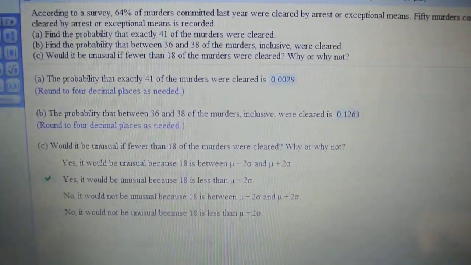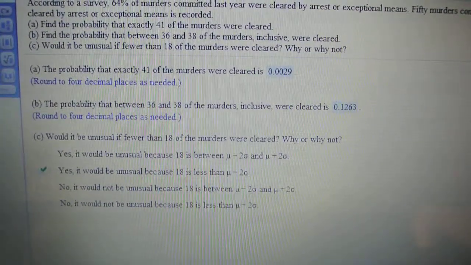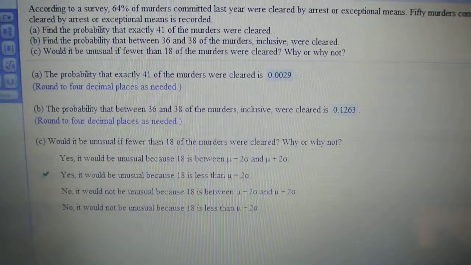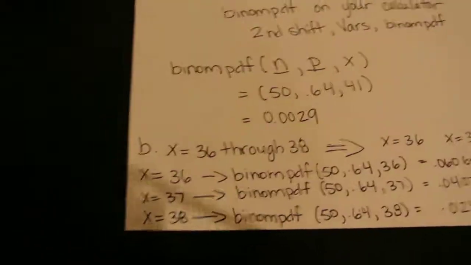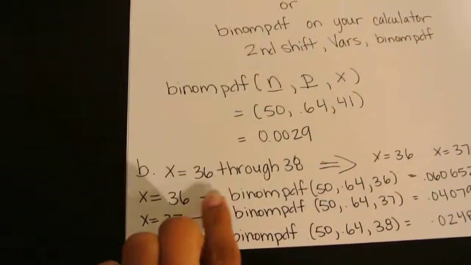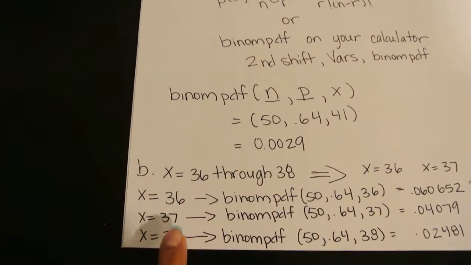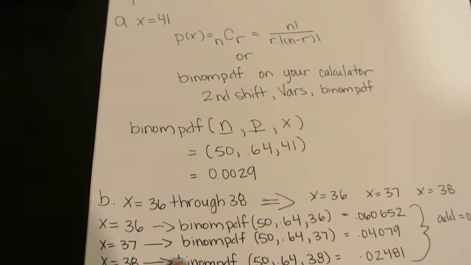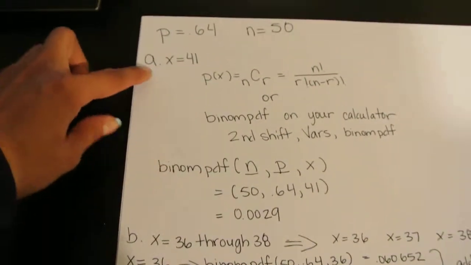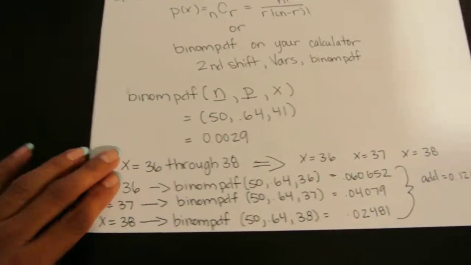Now in part B, we're asked something a little bit differently. We're asked the probability that between 36 and 38 of the murders inclusive were cleared. So what we're going to want to do here is the same thing, but for the values 36 through 38. So we're going to let x be 36, let x be 37, and let x be 38. And we're going to go through the same functions that we did up here in part A, but we're going to do it for these values here.